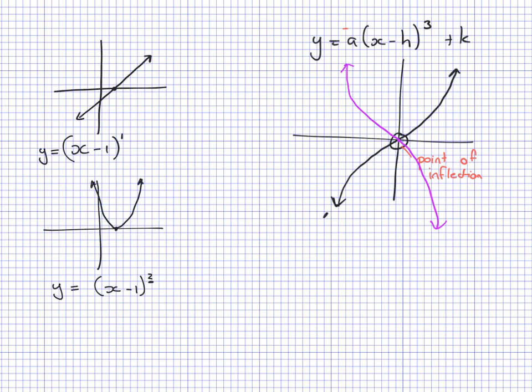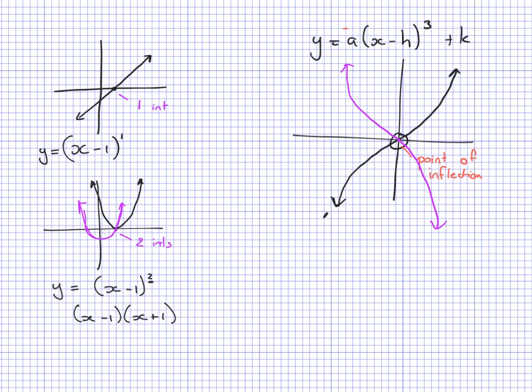If we'd graphed it as two different factors, it would have gone through the x-axis at two different points, here and here, like so. So quadratics could have two intercepts possible. Linear equations, only one possible intercept.